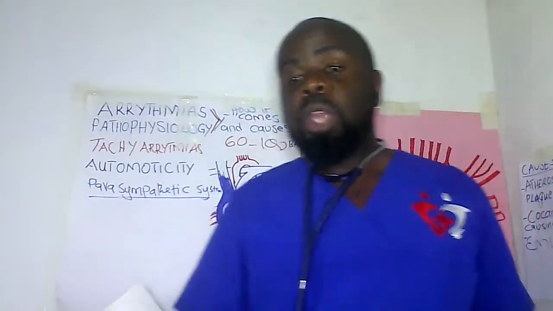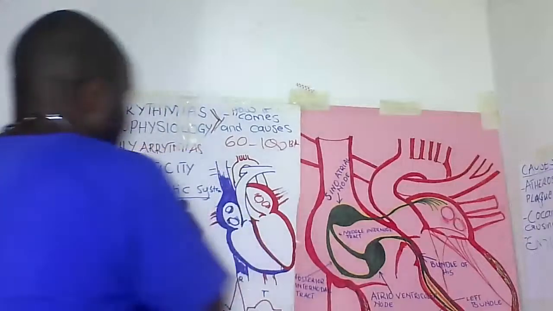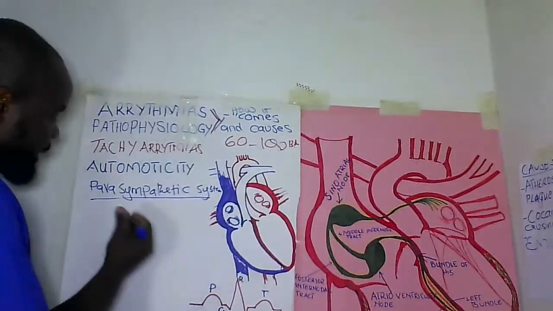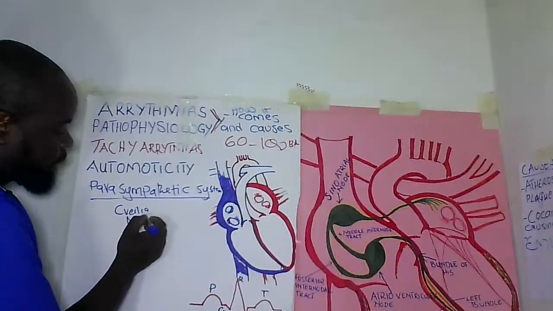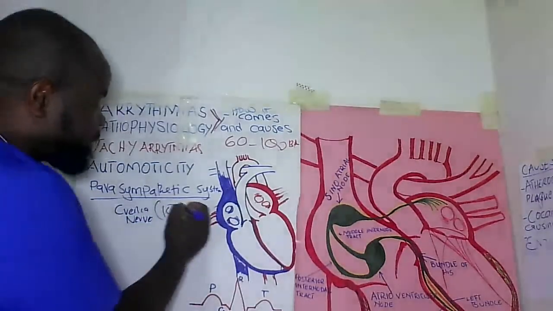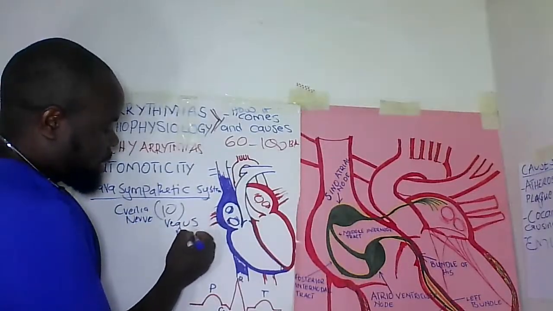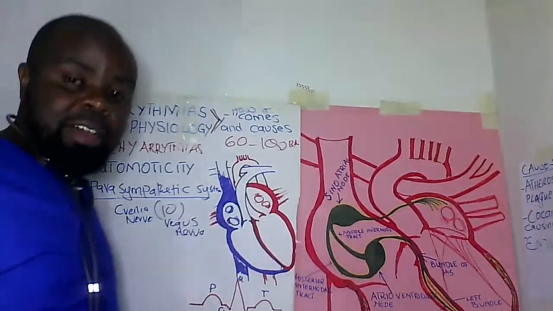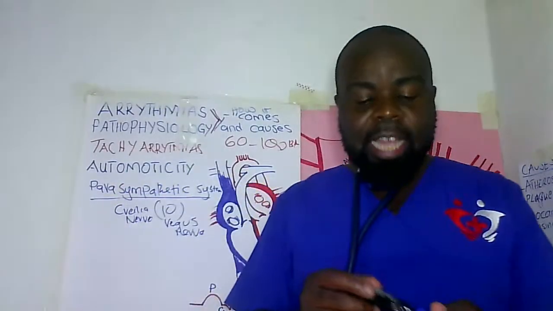Right now, we are dealing with cranial nerve number 10, which is called the vagus nerve. It is vague. It goes everywhere. That's why it was called that.